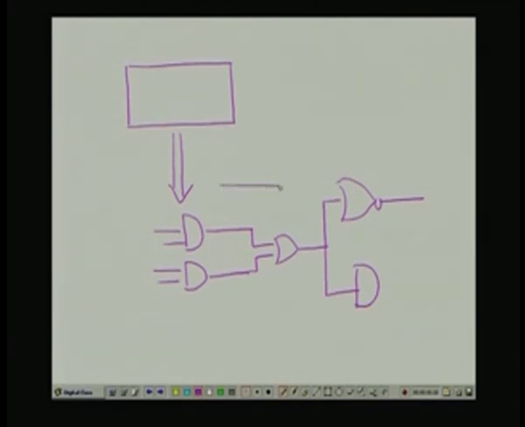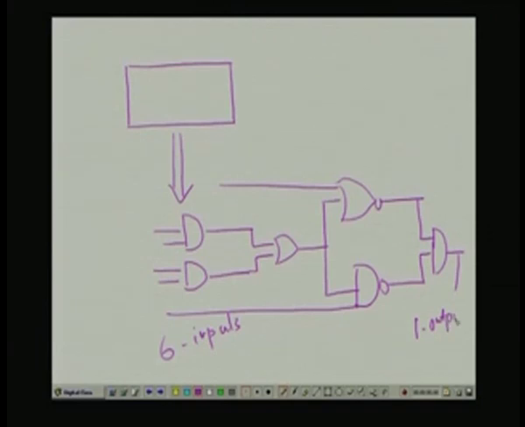It has another input, and also another input in this way. So this is one circuit. It has 1, 2, 3, 4, 5, 6 inputs and one output.